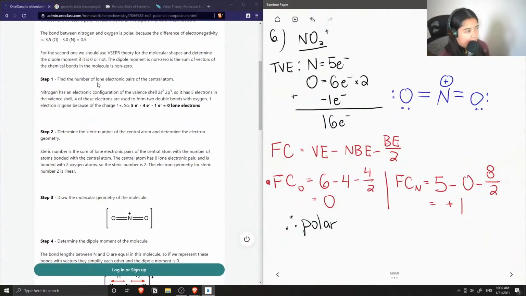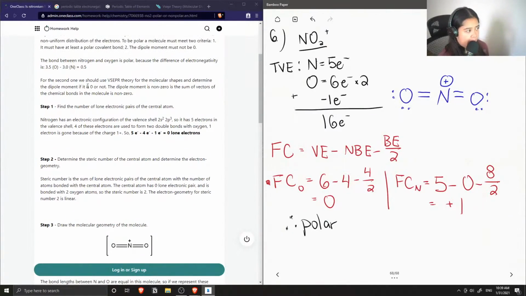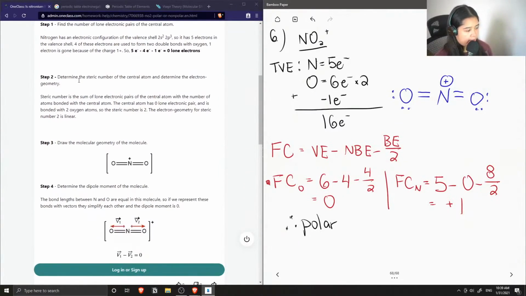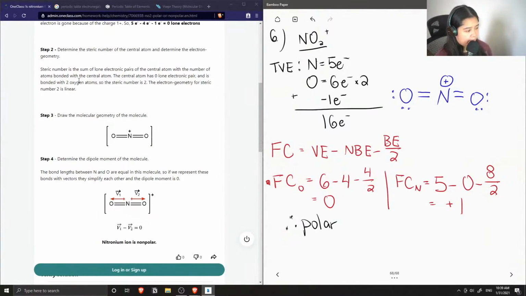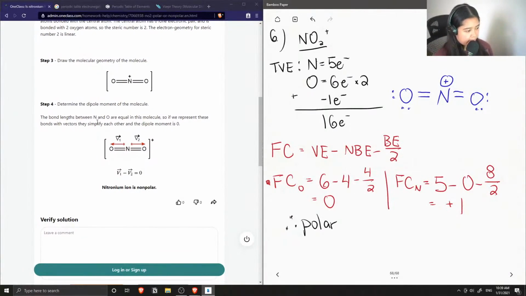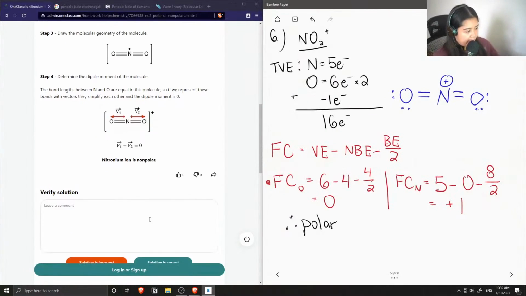They found the electronegativity difference to be polar because it has a value of 0.5, and they showed out all their steps and determined the correct Lewis structure. And then noted that the bonds cancel each other out. So they wrote that the nitronium ion is nonpolar because of this.